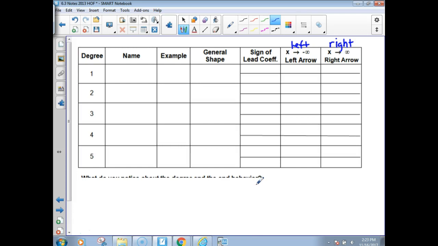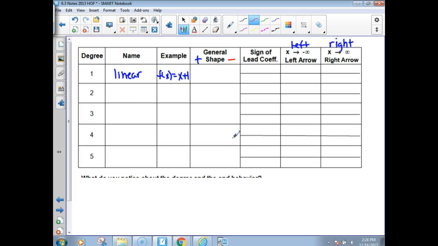So here we go. Degree 1. What is its name? That would be a linear function. Okay. That's going to be linear. An example, f of x equals x plus 1. The general shape of a linear equation, and I want you to realize that I'm going to do everything based on positive first and negative second.